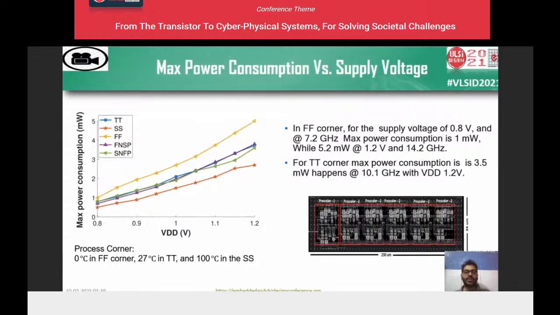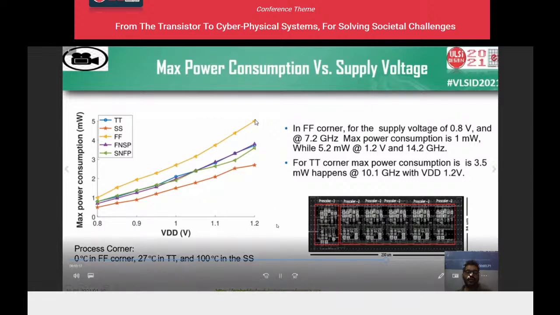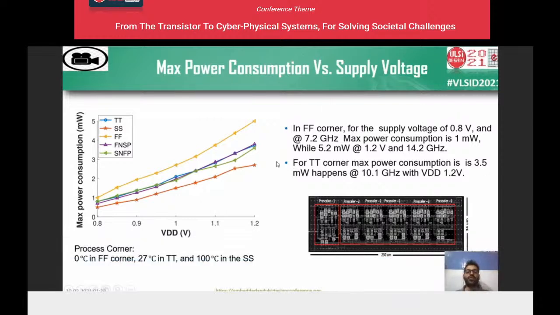Similarly, the power consumption is also checked at those frequencies. In the TT corner, the maximum power consumption occurs, which is 3.5 milliwatt at 10.1 gigahertz when VDD is 1.2 volt.